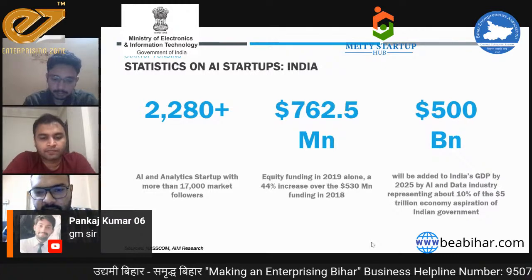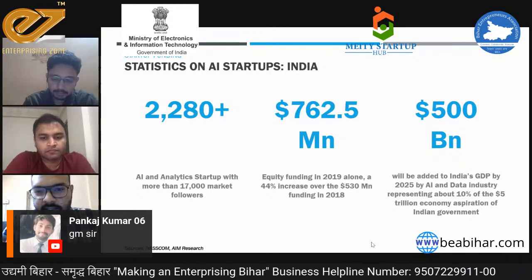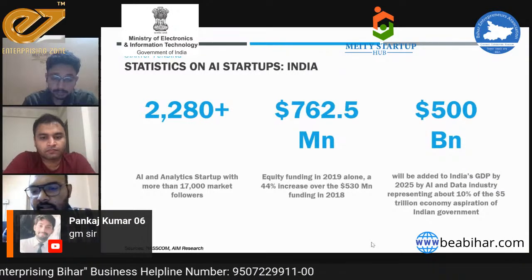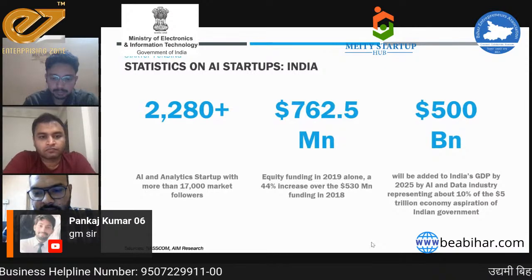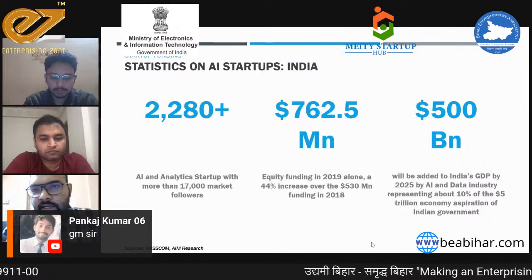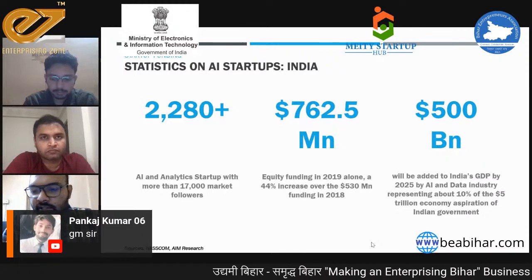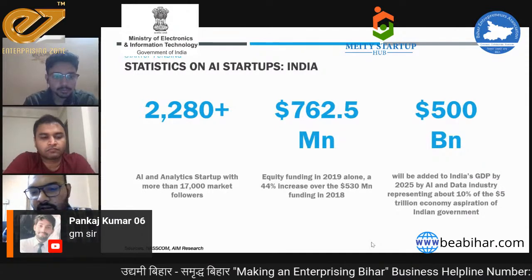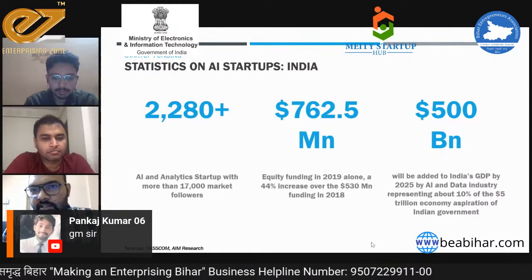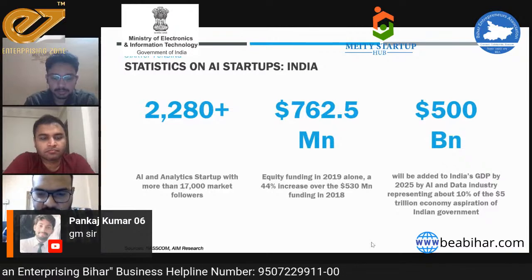And if we look at the projection for the AI industry in India, it is going to be around $500 billion by the year 2025. Just to get an idea of the scale, it is going to be about 10% of the $5 trillion economy aspiration of the Indian government. So that is a huge share.